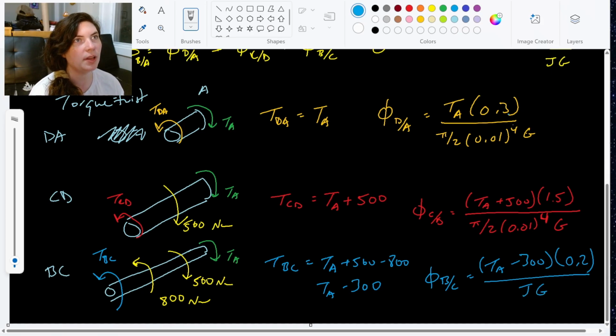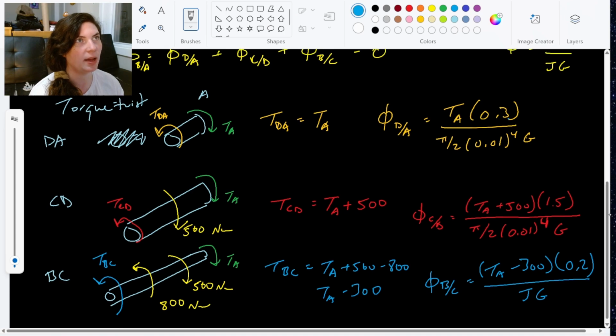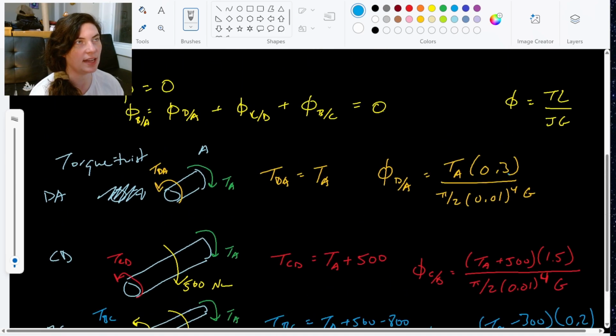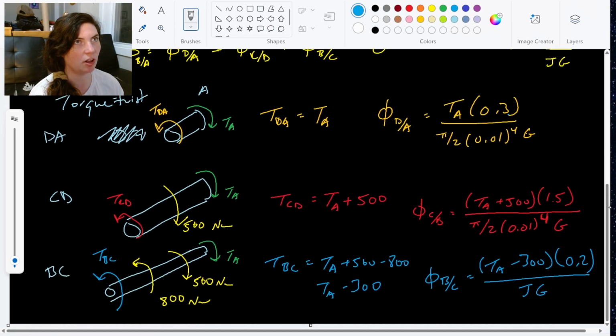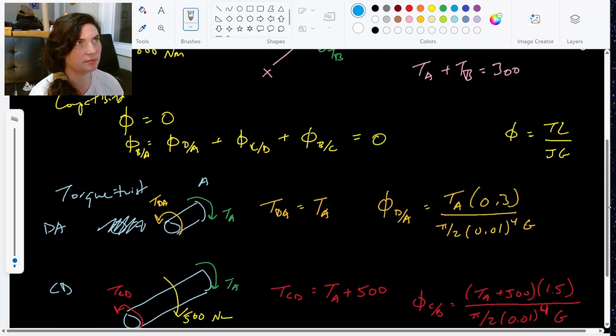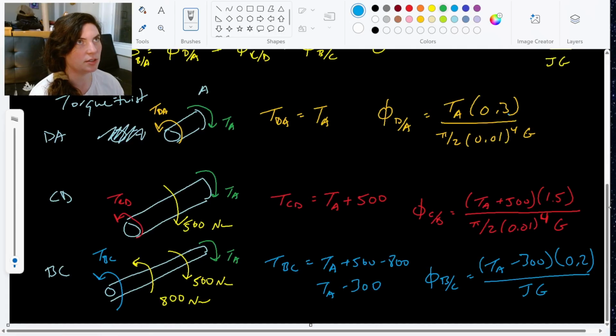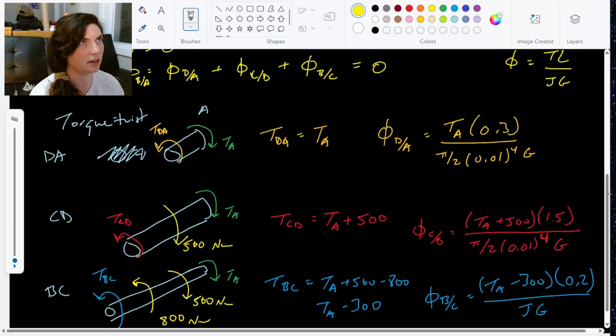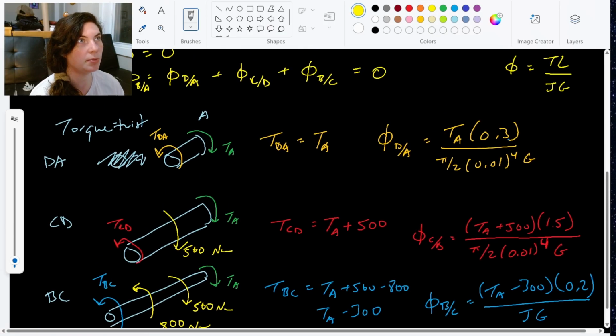Because I can see when I plug all of these into my equation, because this is set equal to 0, so when I actually pop all these into my compatibility here, J and G are all going to cancel out. All right, so if I start plugging these in, I don't have a great place to do this, so we'll see if we can squeeze them in right underneath this compatibility up here.